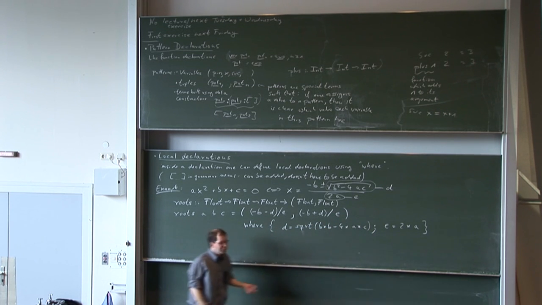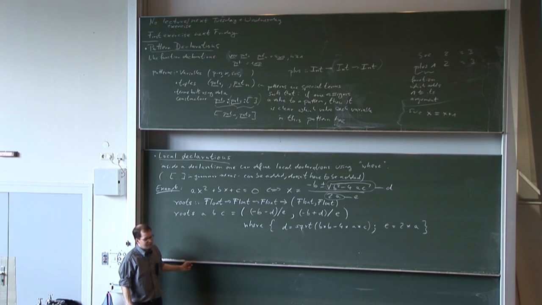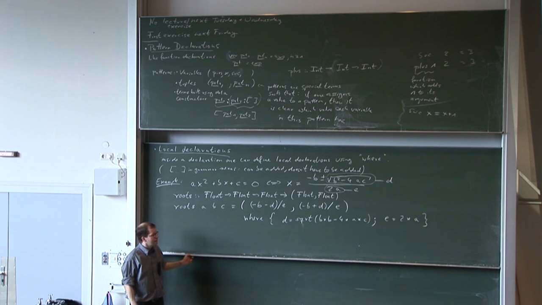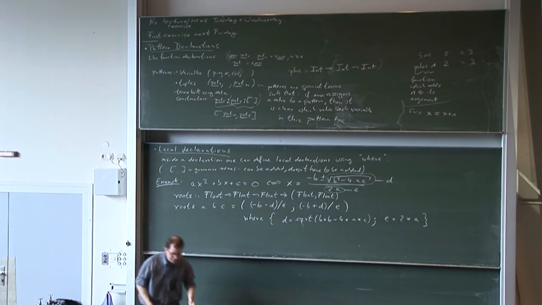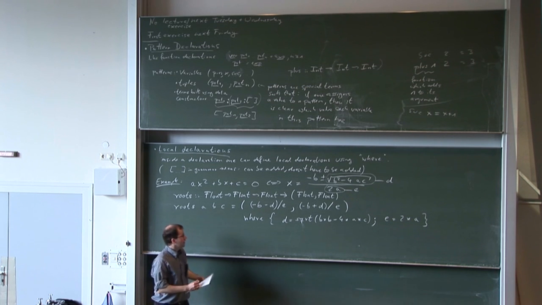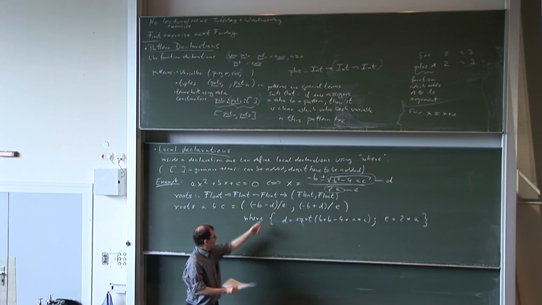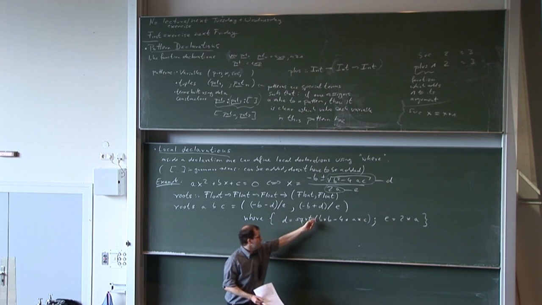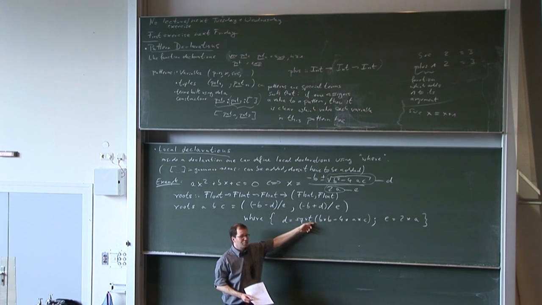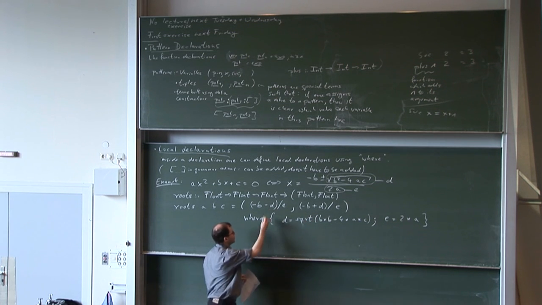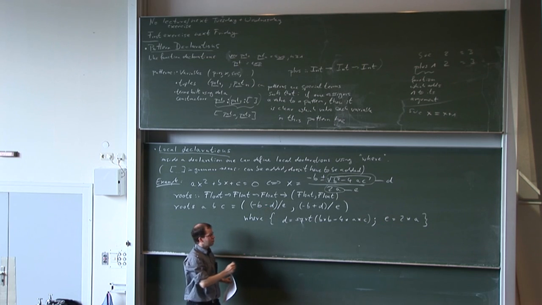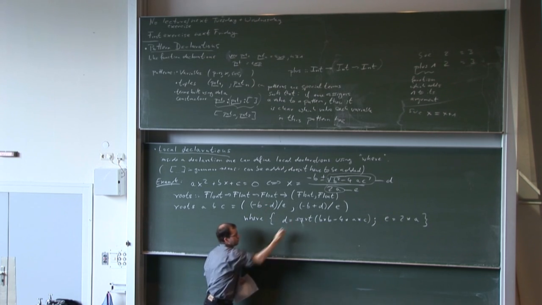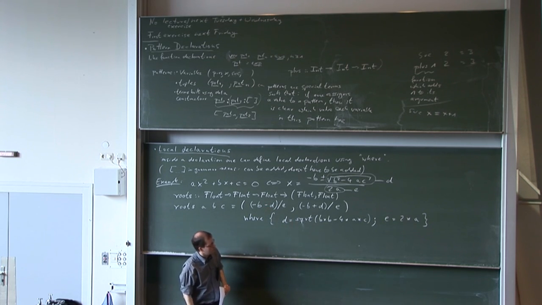This will get less readable, but moreover, it will also get less efficient because the realization of Haskell is the following. Haskell will notice that here you have D, here you have D, and there's just one D which computes this result. And so the realization will be, this will be realized as a pointer to some cell in the memory where you have square root B times B minus 4AC.